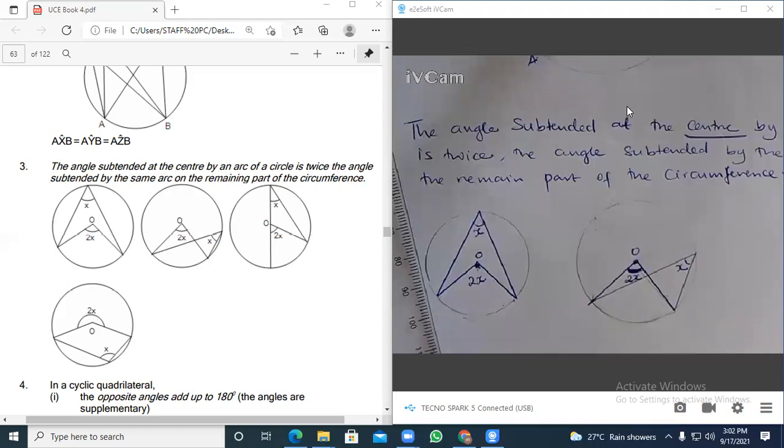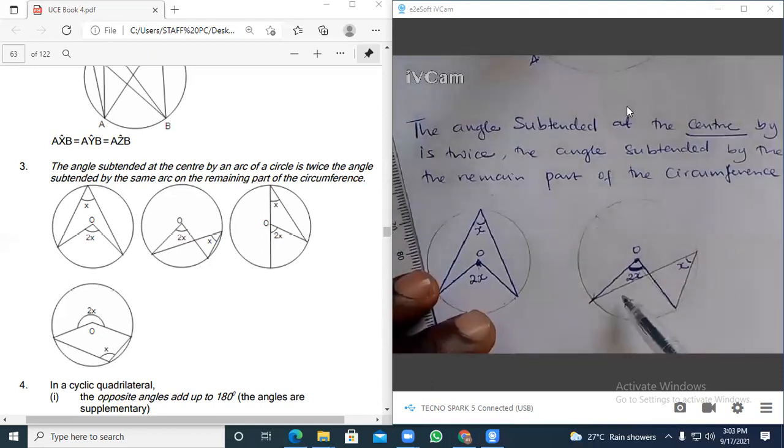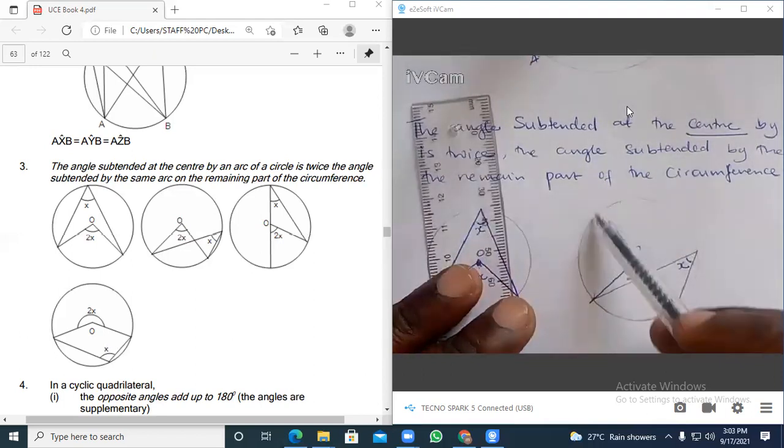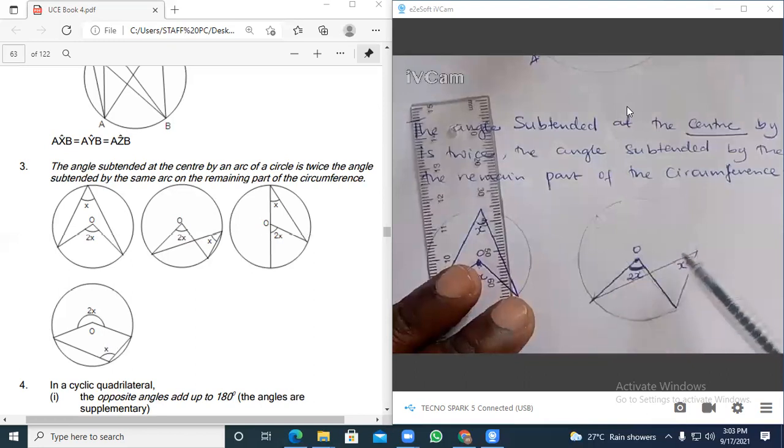Yes. Patricia. What if there are two angles outside the pizza shape? If there are two angles, one angle here and another one here.